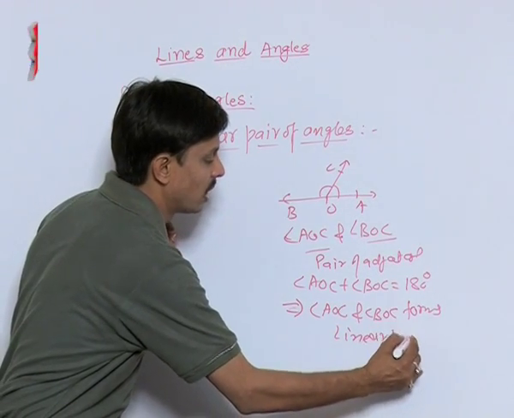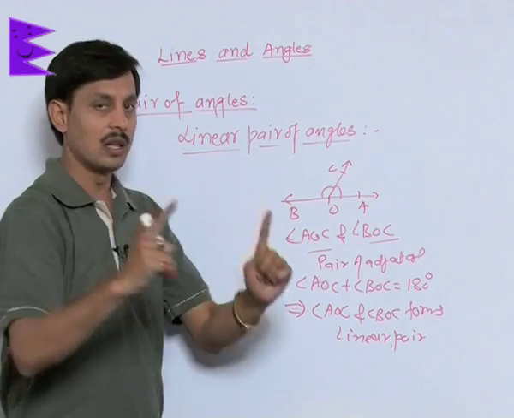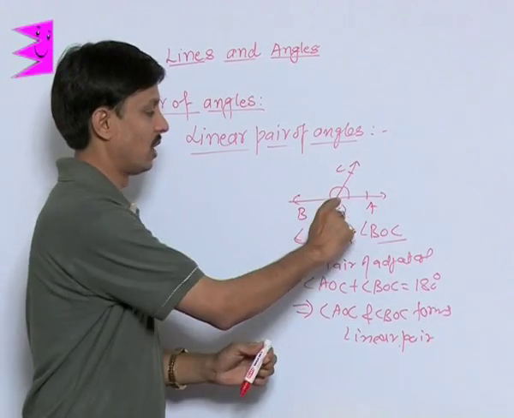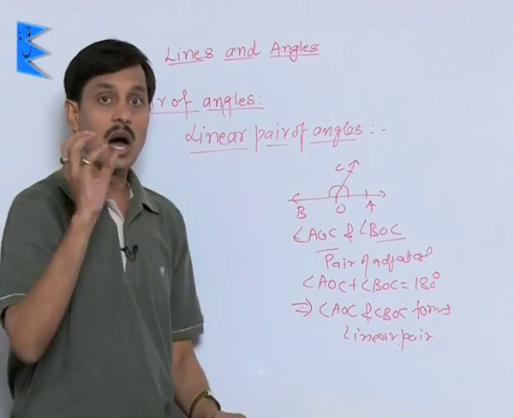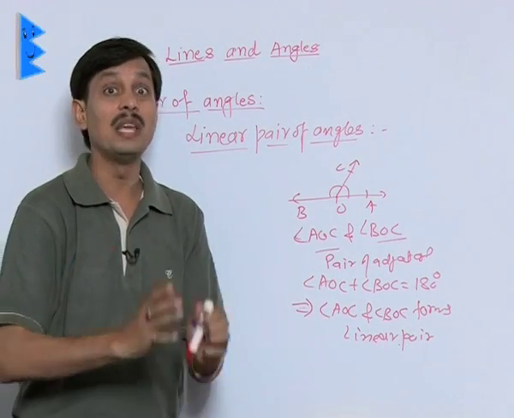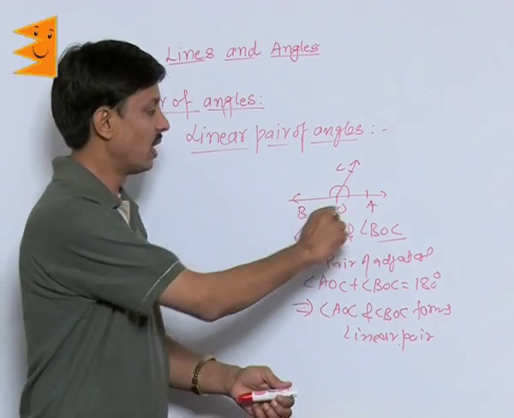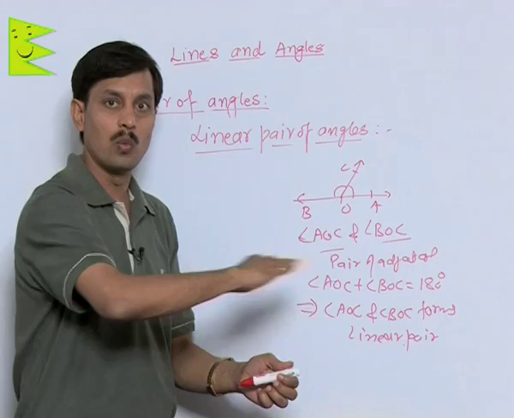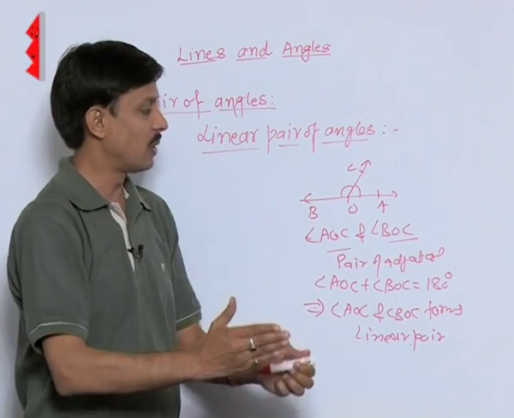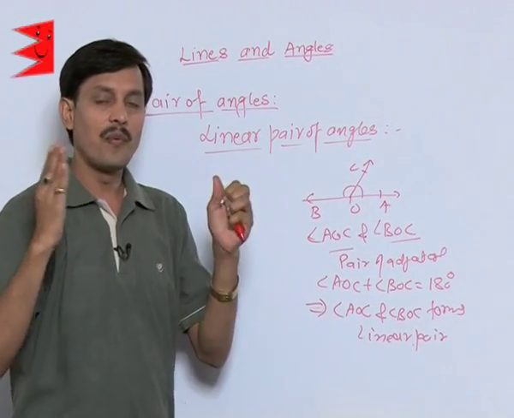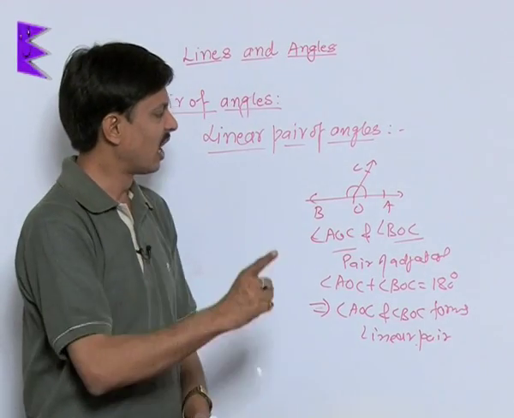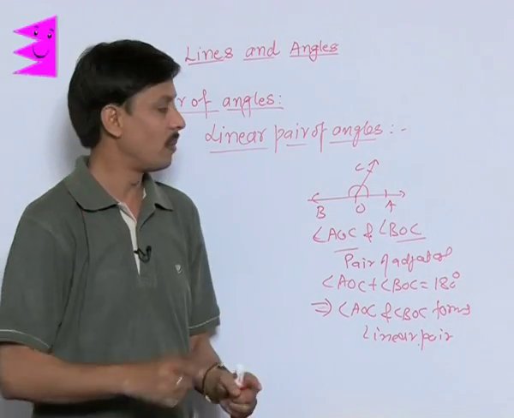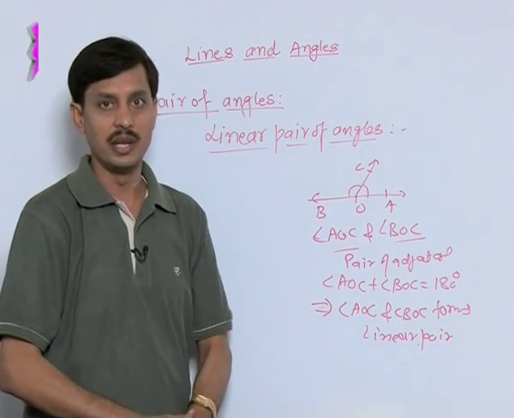Here you must understand that in the linear pair, the non-common arms, that is OA and OB, are also said to be opposite rays. Here OA and OB are opposite rays because this is forming one line. That's why that pair of adjacent angles forms the linear pair whose sum is 180 degrees.